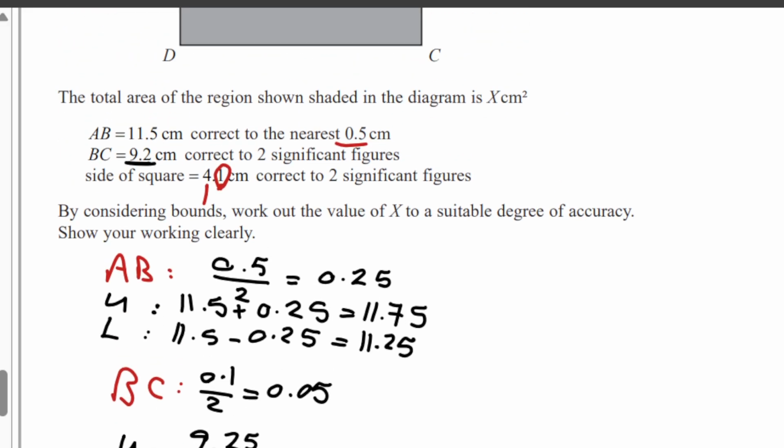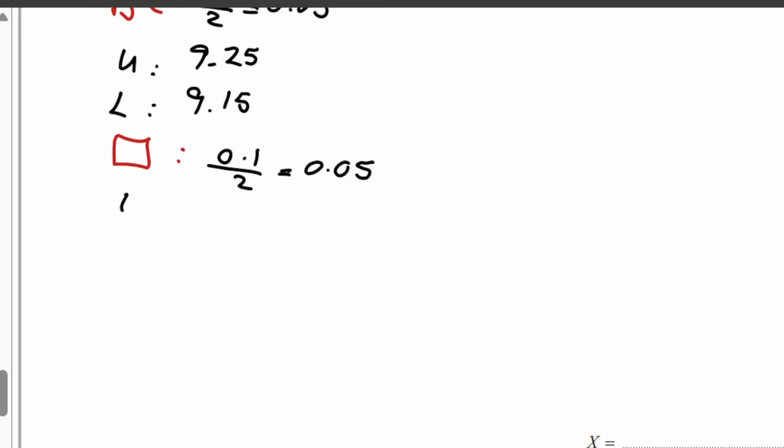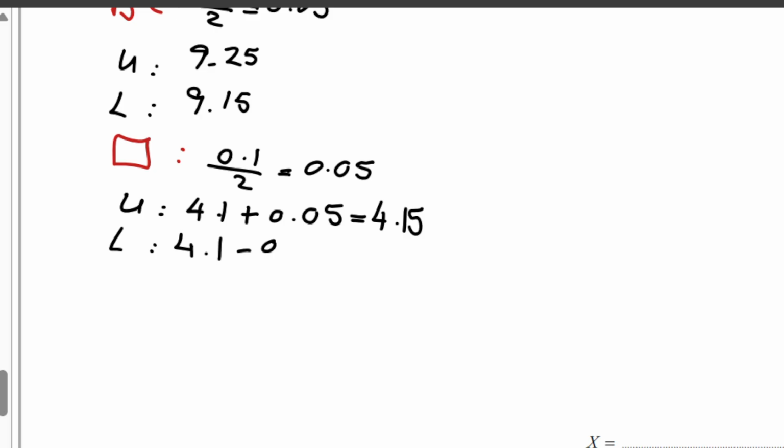Now we can either add or subtract to 4.1. To find the upper, we do 4.1 plus 0.05, which is equal to 4.15. And to find the lower is 4.1 minus 0.05, which is 4.05. That's a lot of work, isn't it? It is. But you should do this.